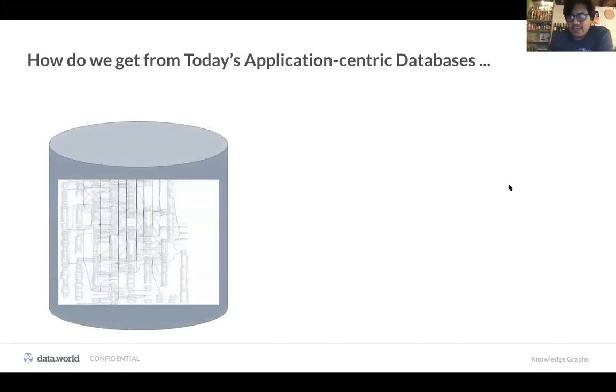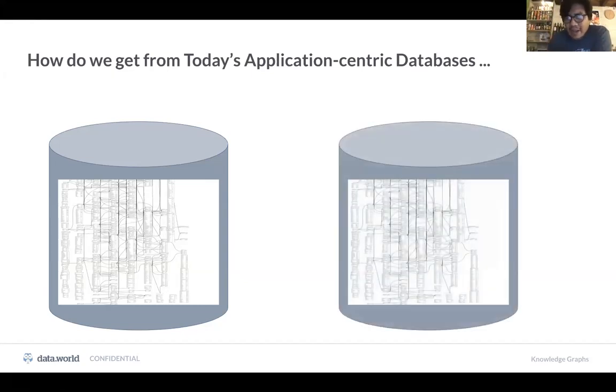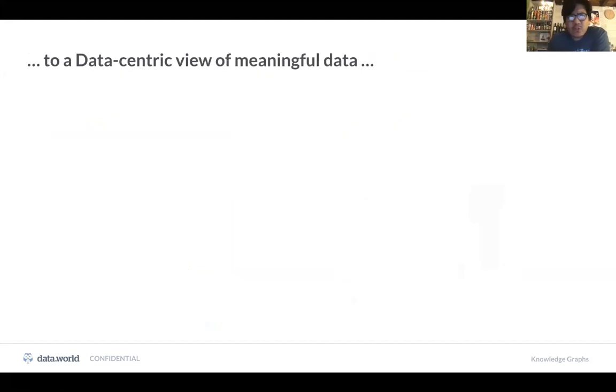This is what keeps me up at night: how do we get from today's application-centric databases, databases built and designed to support enterprise applications with thousands of tables and tens of thousands of columns, to what we call a data-centric view of data?